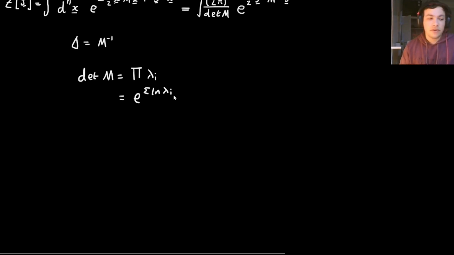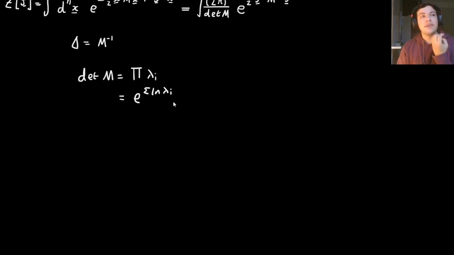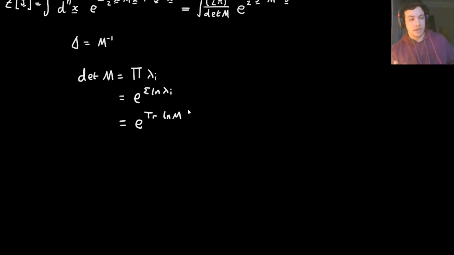But then the log of lambda i, these are actually the eigenvalues of the log of M, if you can think of log M as a matrix, which you usually can using diagonalization. And so this is e to the, well, the sum of the eigenvalues is the trace, so the trace of log of M. That's a functional determinant. That's something that's more manageable to work out once we work out what log M is.